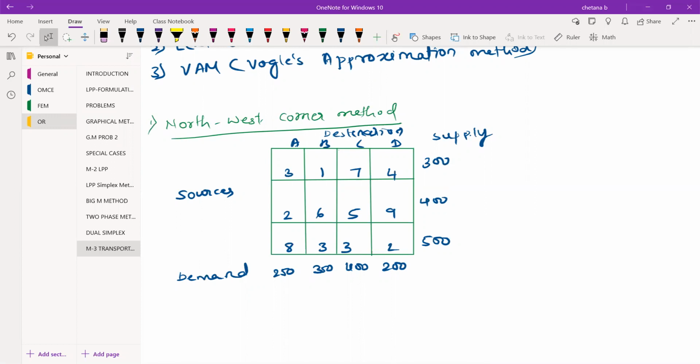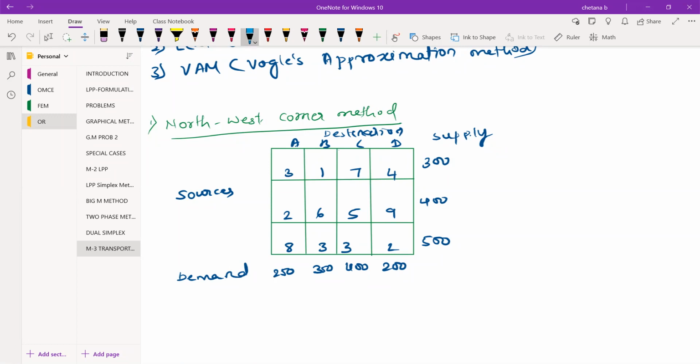For the northwest corner, whichever is minimum out of supply and demand, that value you allocate, and then you see what is remaining in the demand and supply row or column.